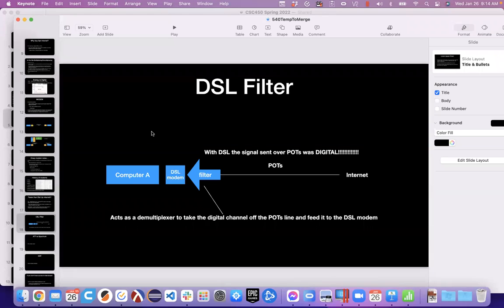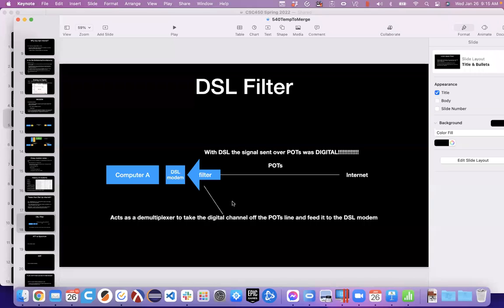So does this make sense, how DSL worked? DSL was really our next logical step. If you think about how human beings typically work, we keep making what we have better and better until we hit a wall. Okay, we just can't squeeze any more out of this, and that's when we need to start looking at alternative technologies.